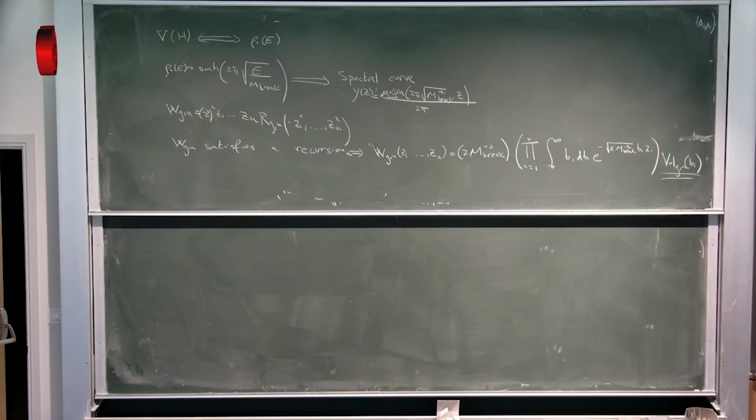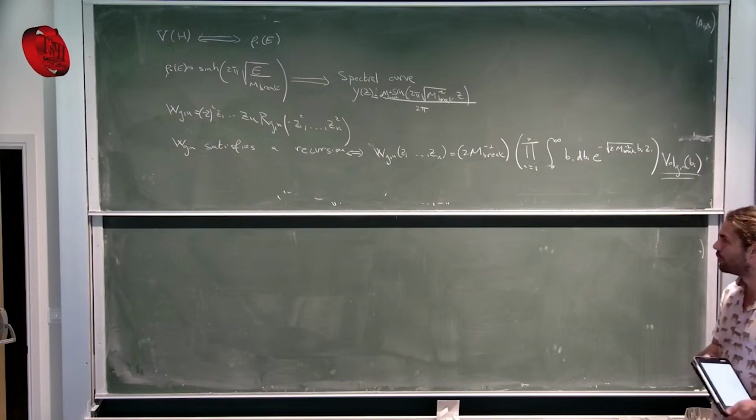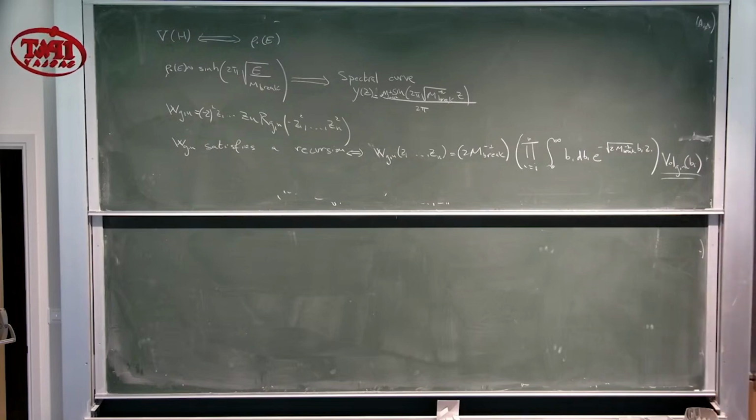Oh, sorry. In the spectral curve, the density of states has dimension of inverse energy, and the spectral curve is defined with respect to the density of states, so it has roughly the same dimensions as the density of states.